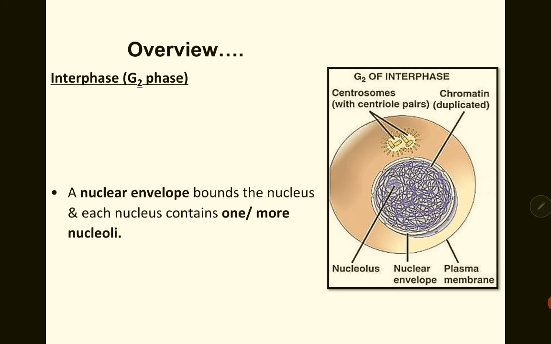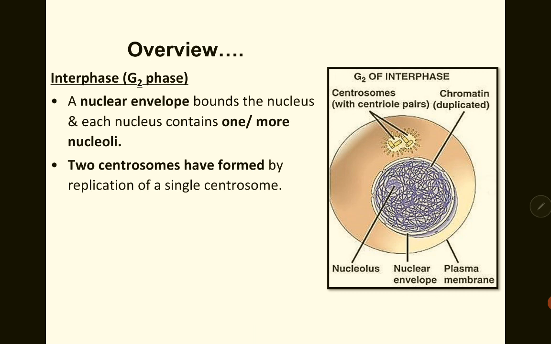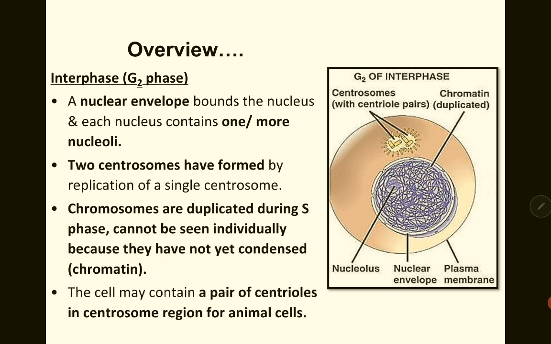So as an overview of the G2 phase, so the nuclear envelope, okay, nuclear envelope bound the nucleus. Each nucleus contains one or more nucleoli. So at this moment, our nuclear envelope and nucleoli is still visible. Two centrosomes have formed by replication of single centrosome.